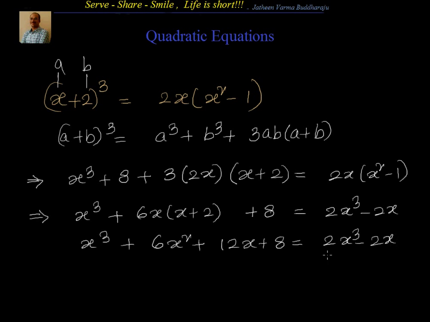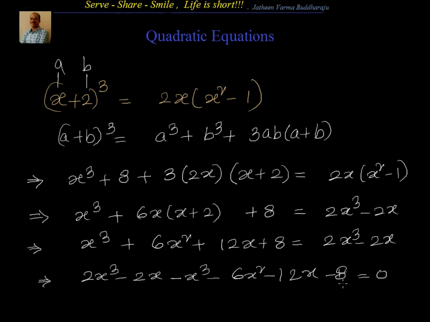Let's shift everything to the right hand side because we have 2x cube here. It will become 2x cube minus 2x minus x cube minus 6x square minus 12x minus 8 is equal to 0. Nothing but 2x cube and x cube are like terms, so I can say x cube minus 6x square.